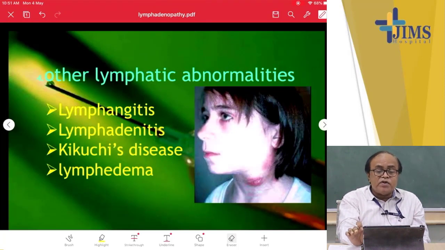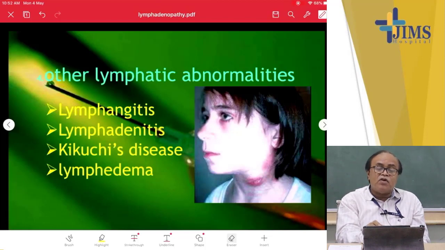Associated with this lymphadenopathy, some other lymphatic abnormalities may be noticed. This is lymphangitis, means lymph channels which are draining lymph from different parts of the body to lymph nodes may get inflamed. It is called lymphangitis.